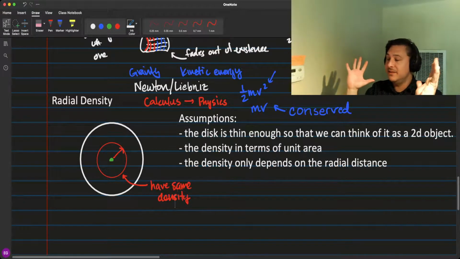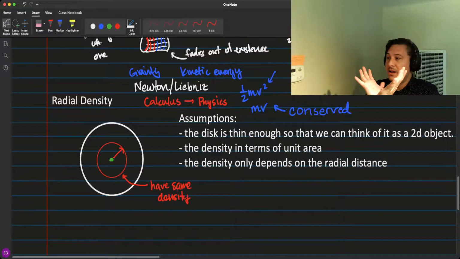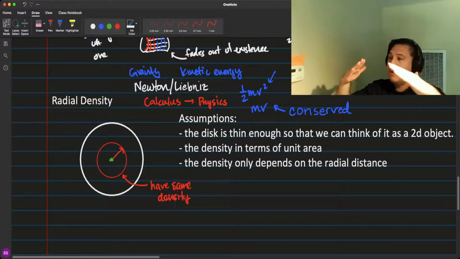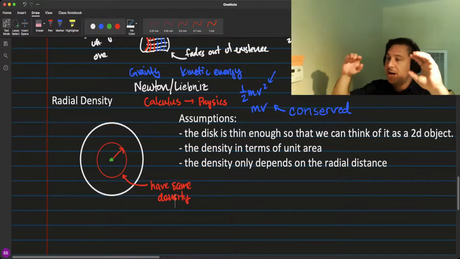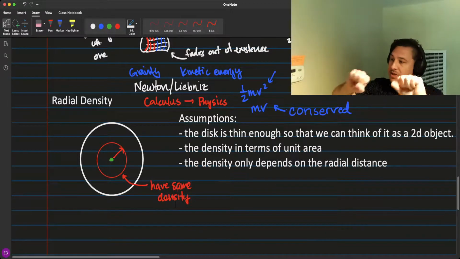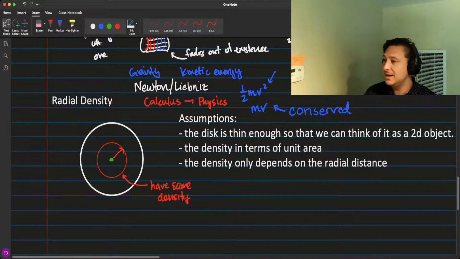So does it make sense if you take a bunch of metal and you heat it up and then you spin it, they'll form some sort of shape? And then how much the density of the metal will depend upon the distance from the radius about which you are spinning it.